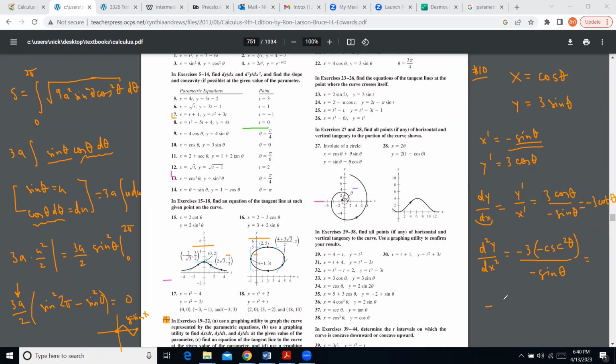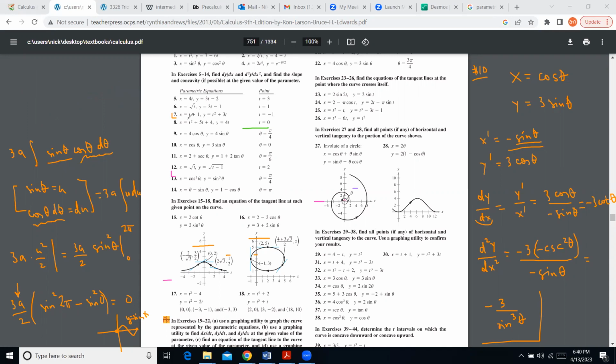So it'd be minus 3. Now cosecant is over sine, so it'd be sine squared coming from cosecant and another sine, so it'll be sine cubed. And this is it. So it looks like these exercises are not that bad. Again, we just want to get used to this.